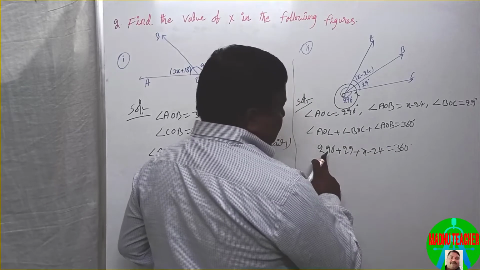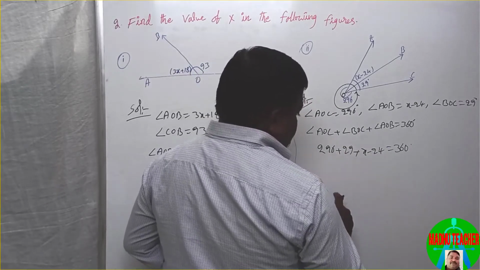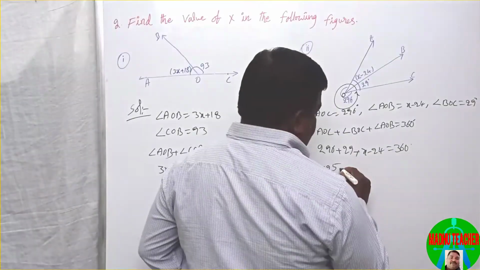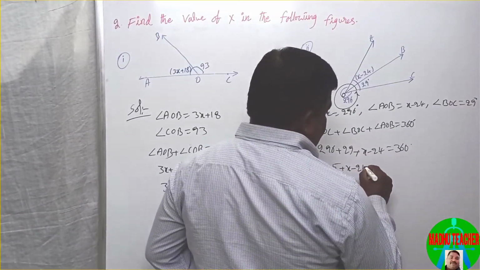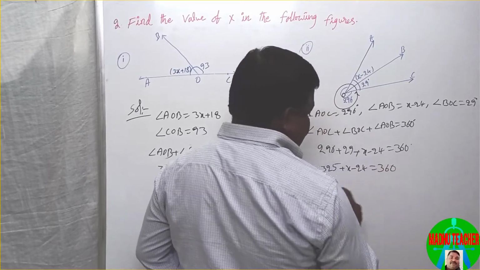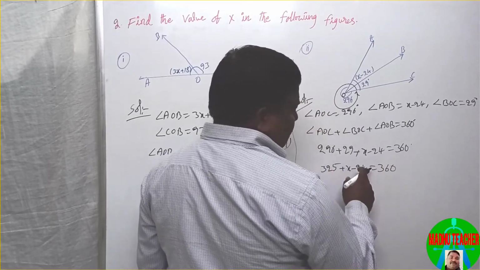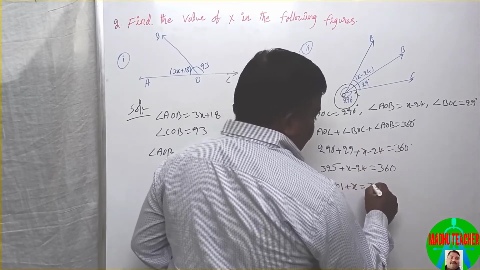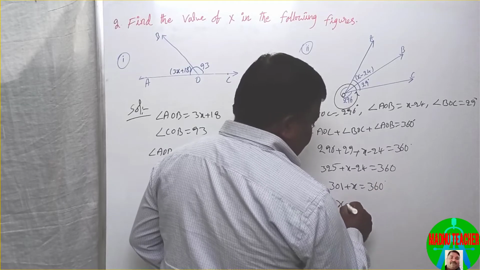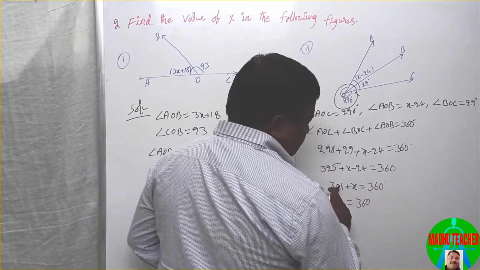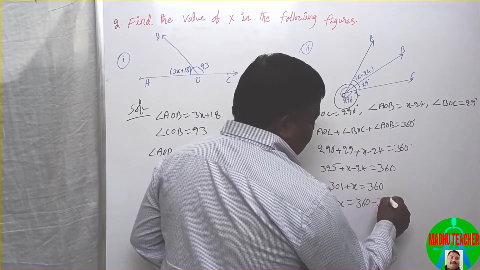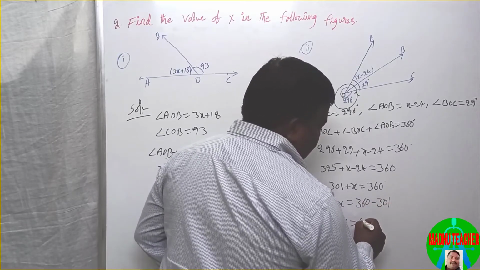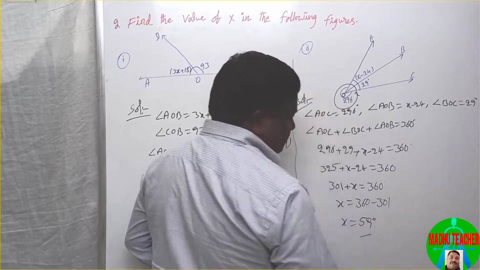So 296 plus 29 is 325, plus x minus 24 equal to 360. 325 minus 24 is 301, plus x equal to 360. So x equal to 360, transposing to the right side, it becomes minus 301. X equal to 360 minus 301, that is 59 degrees.